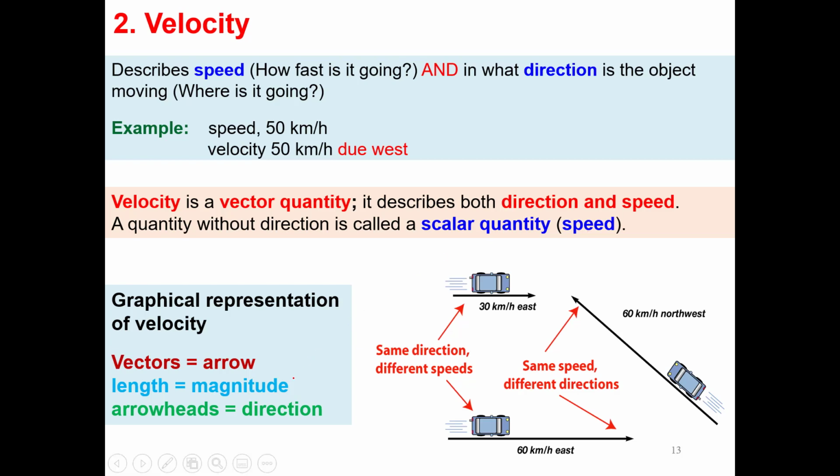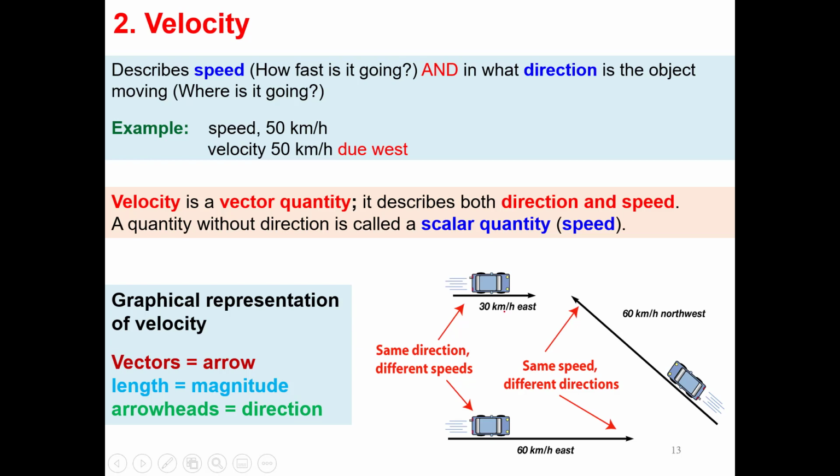How can we represent a vector? To represent a vector, we can use an arrow. The length of the arrow indicates the magnitude, the number of the vector, and the arrow's head indicates the direction.